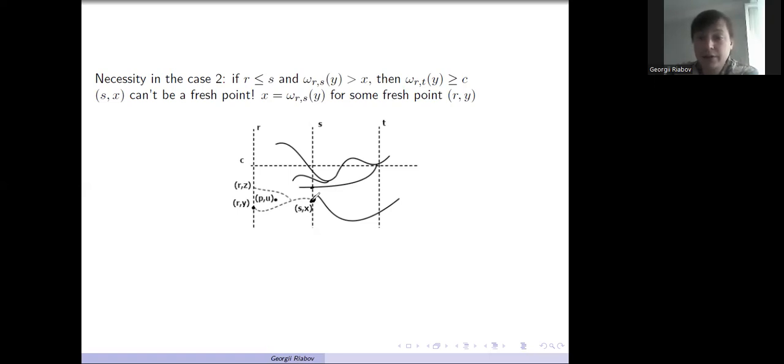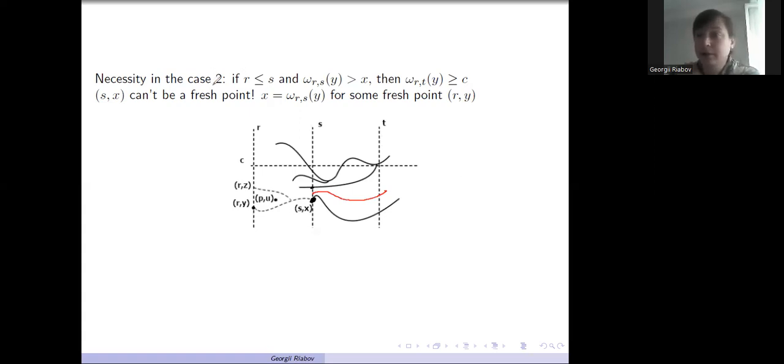If this is a fresh point of the flow, I mean, if this point didn't come from the past, then we have right continuity. So by right continuity, we will have a trajectory that is above x at time s and below c at time t.